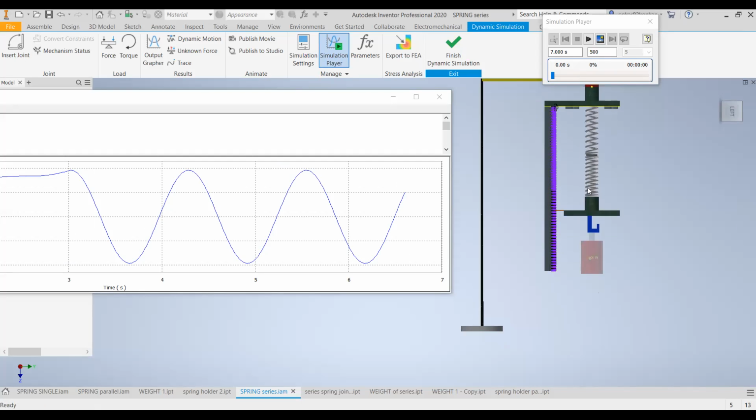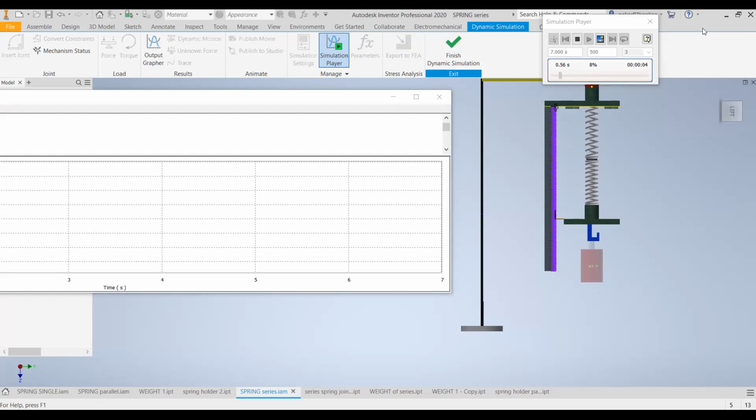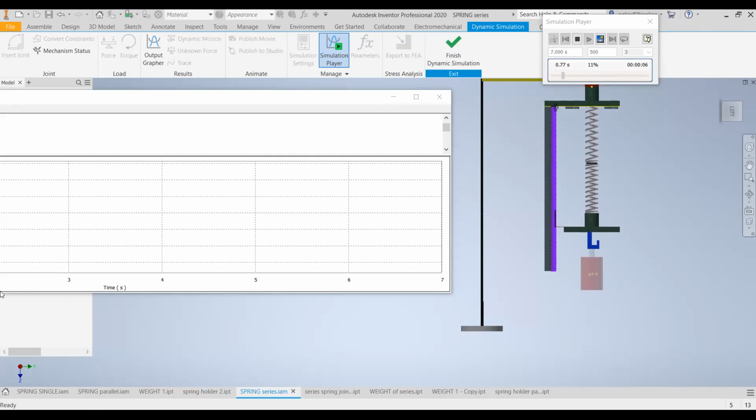Okay, so now observe the oscillation. So this is the initial displacement up to 3 seconds.